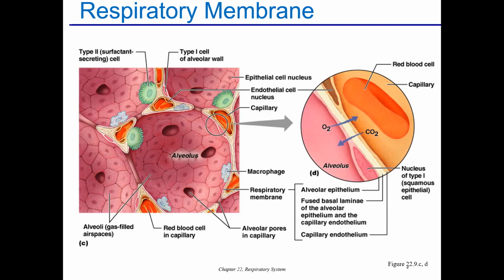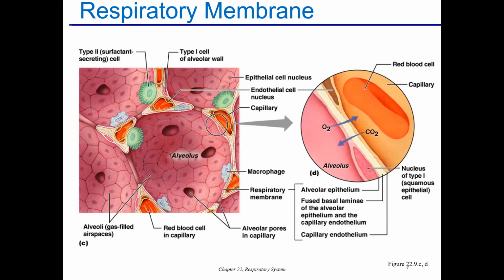So gases can diffuse across passively very easily. This is what the alveoli look like on the inside, made up of these simple squamous epithelial cells. Remember, it's open to the outside, so they're definitely epithelial.